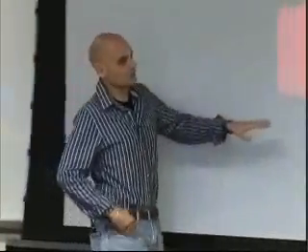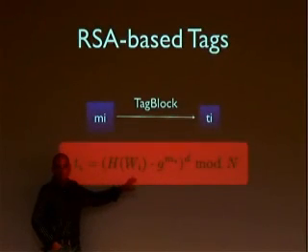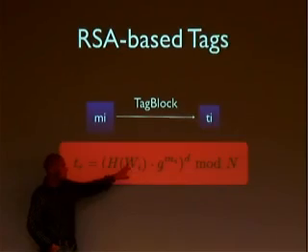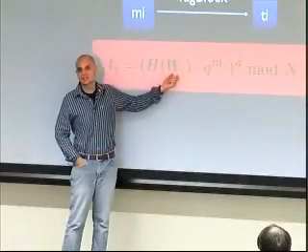Let me look at a first simple solution. Suppose I have a block m_i, and I want to compute a MAC or a tag on this block. This tag will look like this. H is again a random oracle. I'm simplifying the notation a lot, but consider this W_i as just an index i.